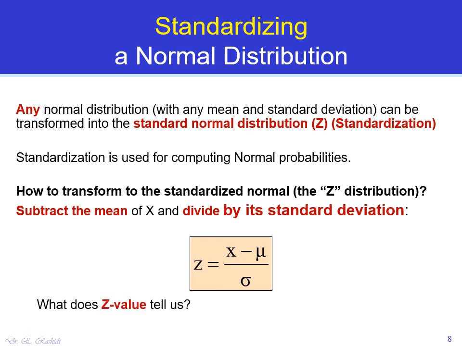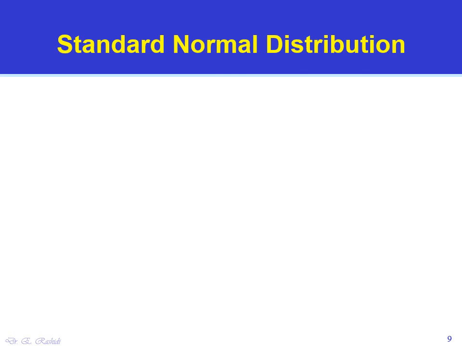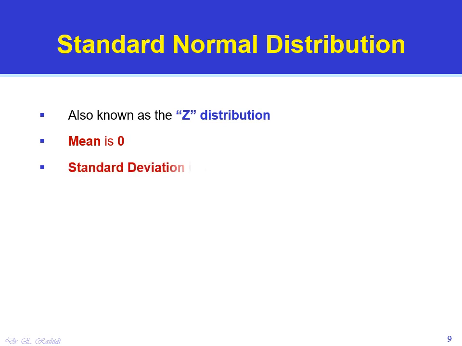But what does the z value tell us? The z value tells us how far x is from the mean in terms of standard deviations. How many standard deviations x is away from the average? A standard normal distribution, or z distribution, is a normal distribution with an average of 0 and a standard deviation of 1.